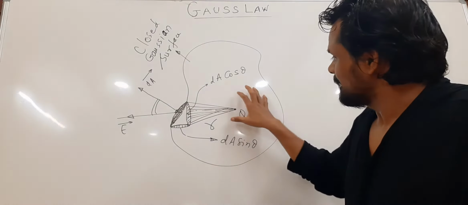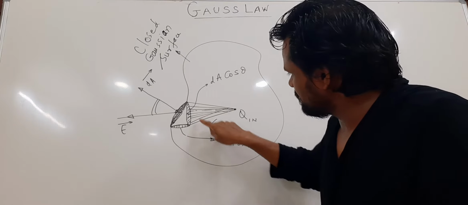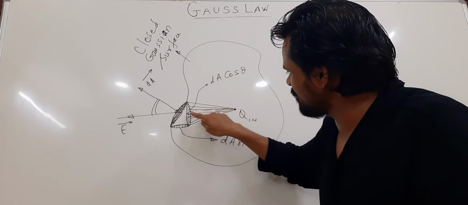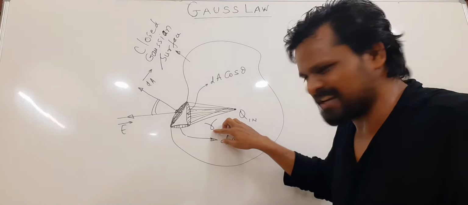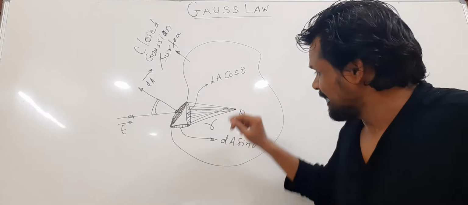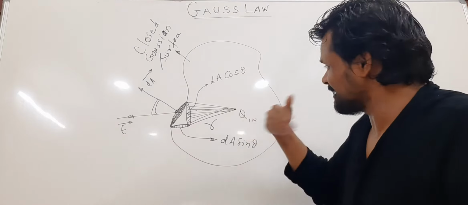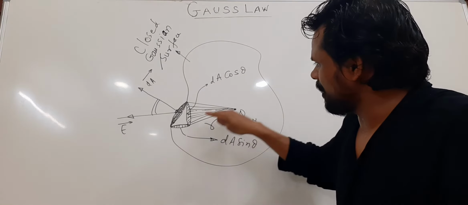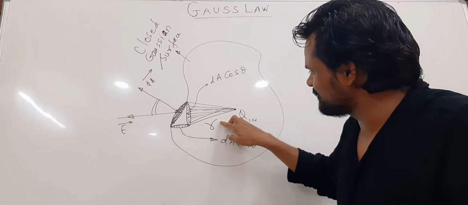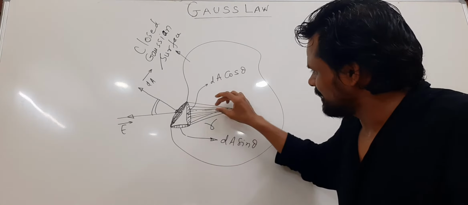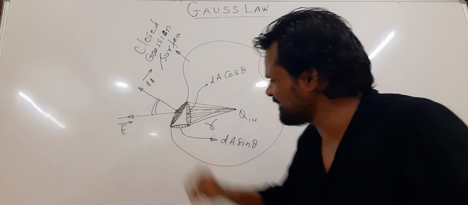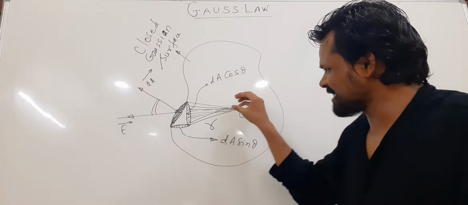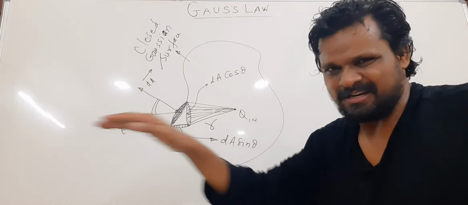Now please see this dA cos theta, the plane of dA cos theta, perpendicular to the radius, a very small area. In other words, the plane area vector of dA cos theta is along the radius, outwardly along the radius.